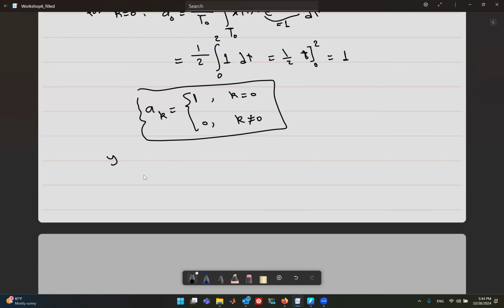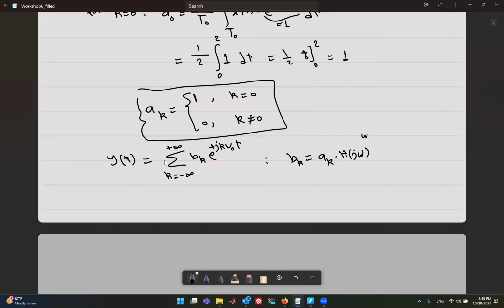Let me rewrite it here. YT is summation from k equals minus infinity to plus infinity of, let's say, BK times exponential plus jk omega naught t. But BK, because the system is LTI and the signal xt is periodic, then BK is AK times HJ omega.